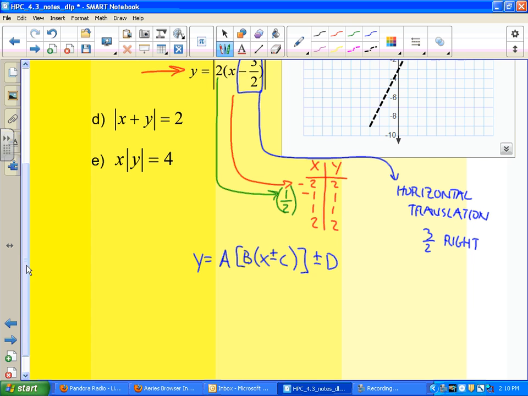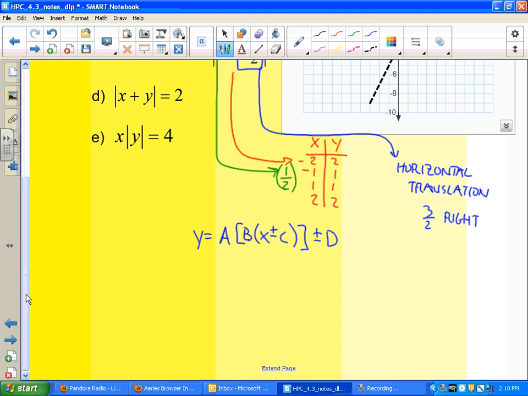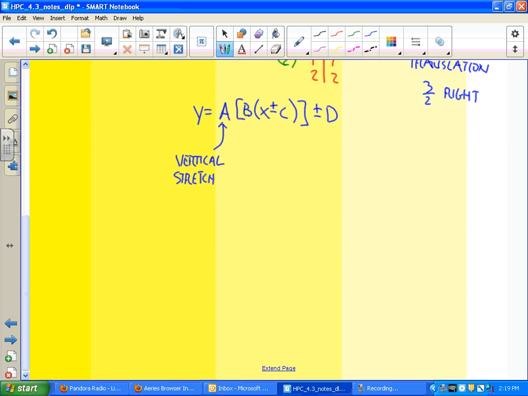This is our generic transformation equation. And what do the pieces mean? This is a vertical stretch or shrink. So vertical stretch or shrink is what the a does.